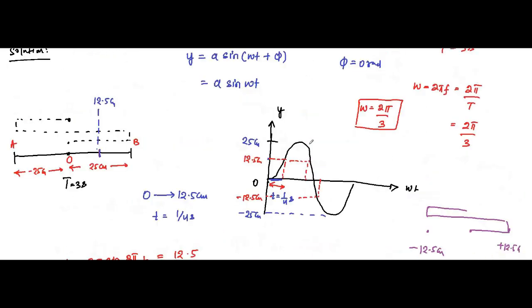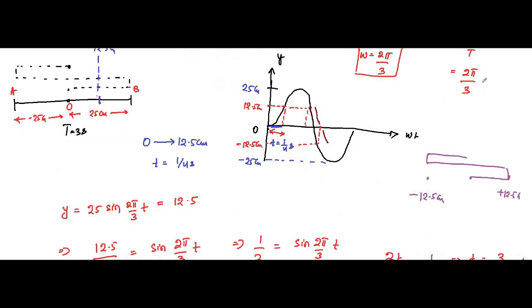The particle will move during this cycle first from 12.5 to 0, and then from 0 to minus 12.5.